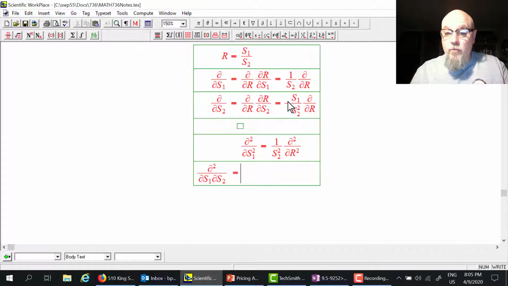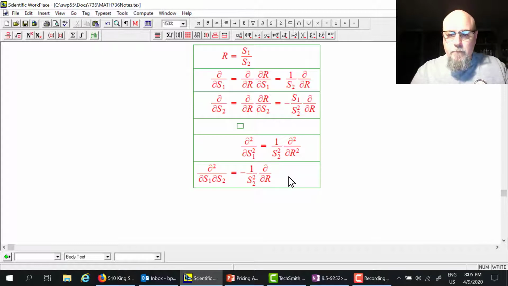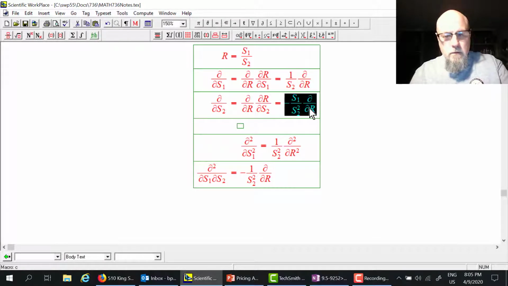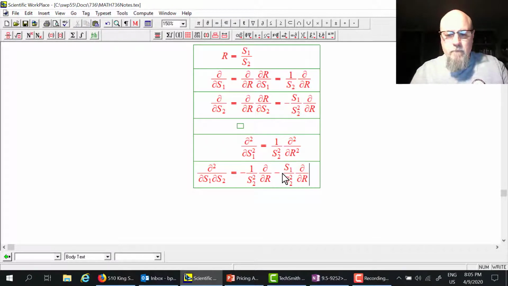Now it's going to be product rule, so derivative of the first with respect to S1, well, that's just 1. Leave this alone, plus leave this alone. Now I'm differentiating that piece with respect to S1.